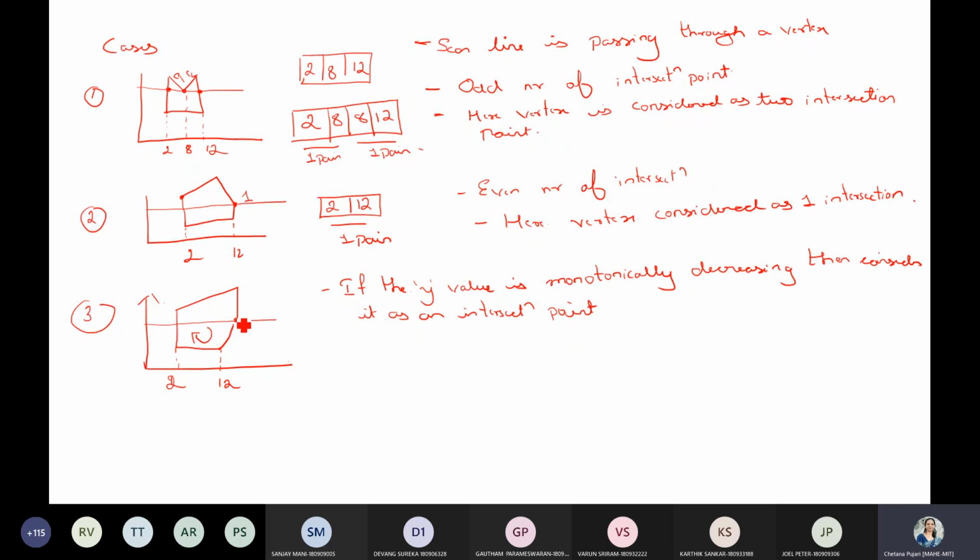So this is our y value, and this is our intersection point. Now you want to decide whether to consider it as 1 or 2. This I already told you, right? In this method, we use a clockwise or anti-clockwise direction.